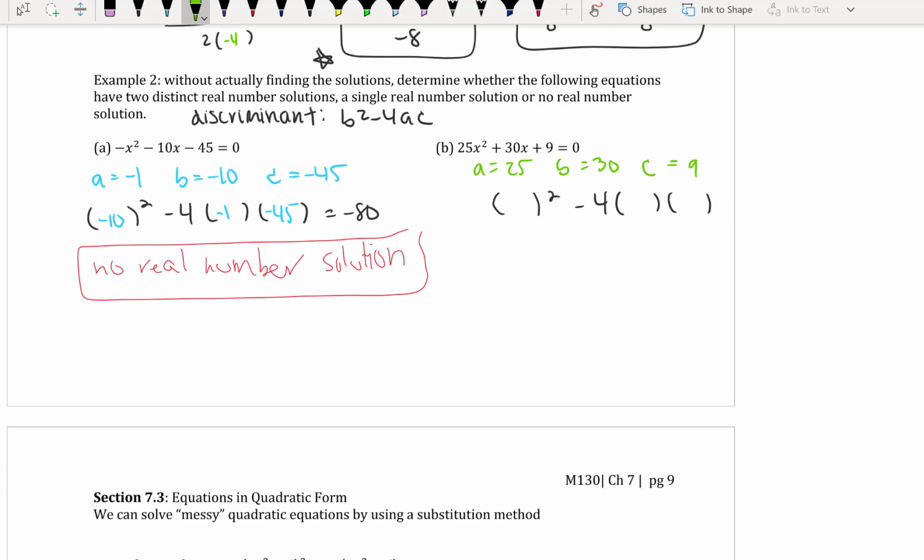So the b value that I'm plugging in is 30, a is 25, and my c is equal to 9. Let's see what type of answer I'm going to get. I'm going to use my calculator, and I get 0.